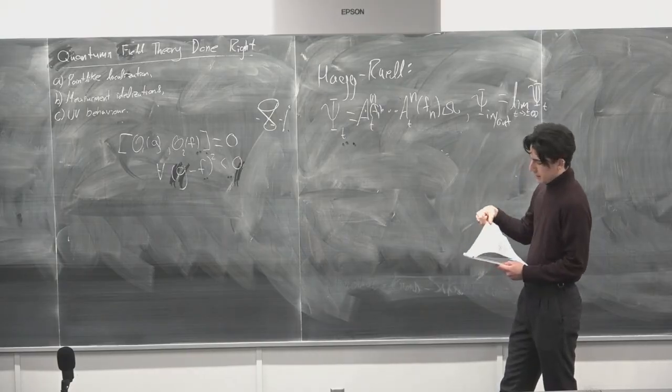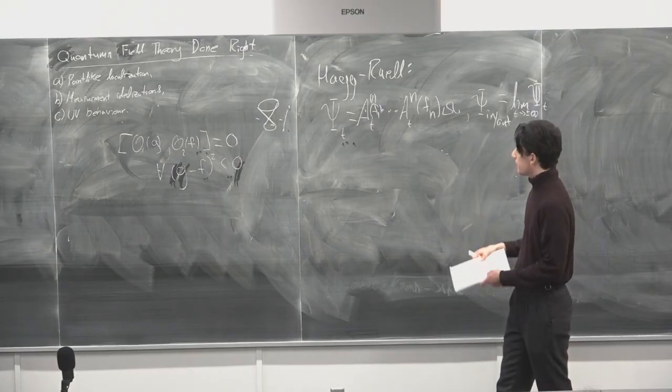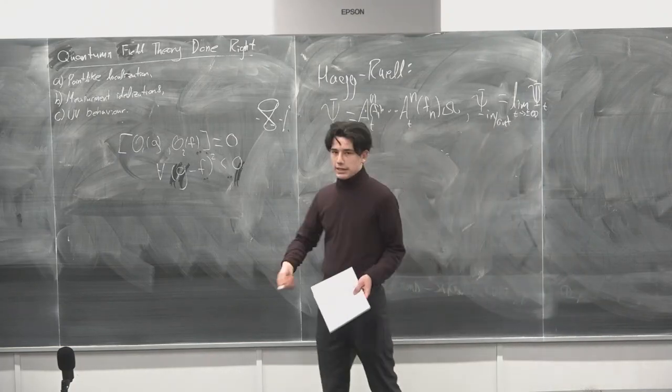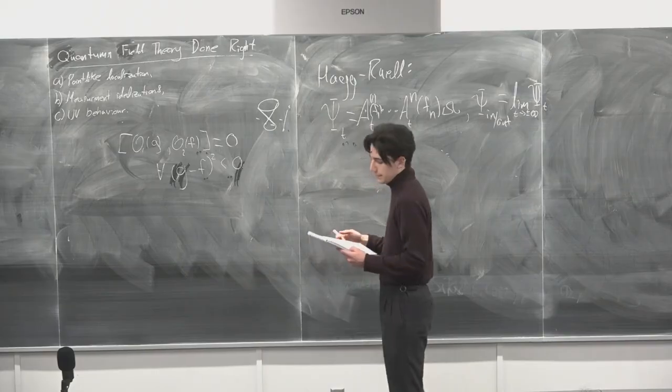One of the important things when you do scattering theory is to be able to calculate the scattering amplitude. So what can you do in collider physics?